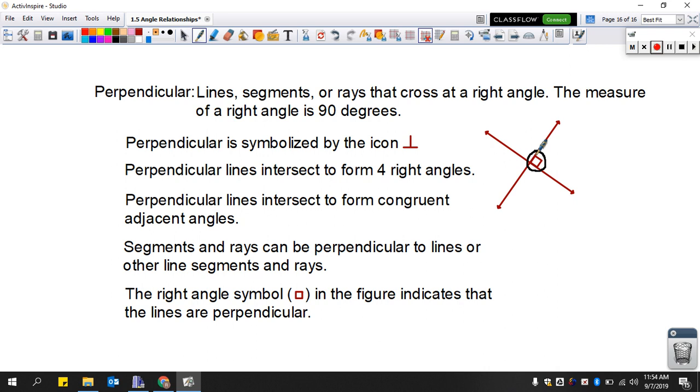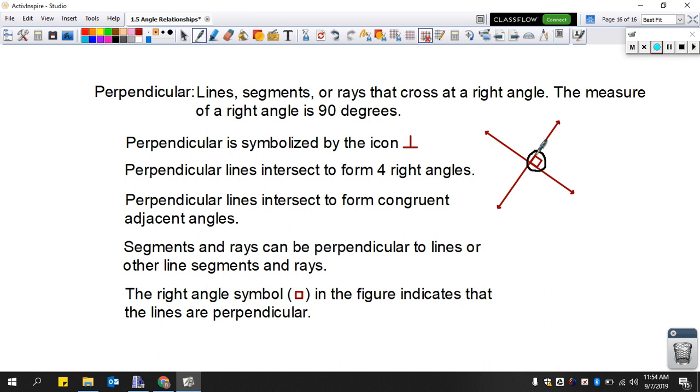So when we're solving equations, even though the lines look like they might cross at 90 degrees, unless it has that little square in there or that right angle symbol, or unless you're told that they're perpendicular, you cannot assume that they are.